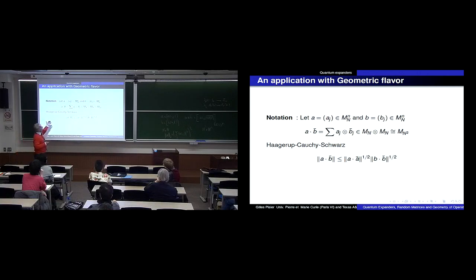The norm corresponds to the action, the operator that I wrote. It's the same as before. Haagerup actually proved a version of the Cauchy-Schwarz inequality for these expressions that's fundamental for what I'm discussing now.